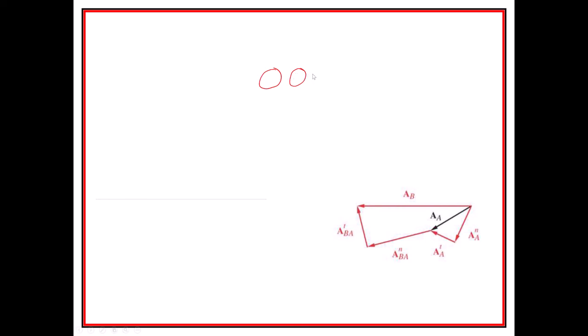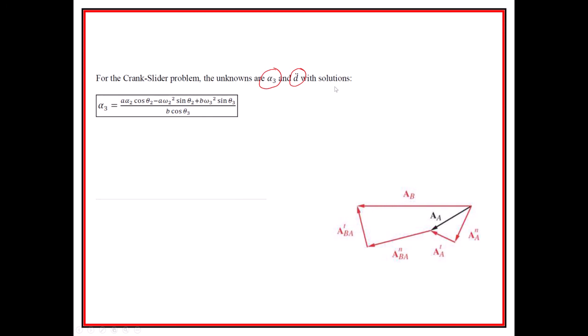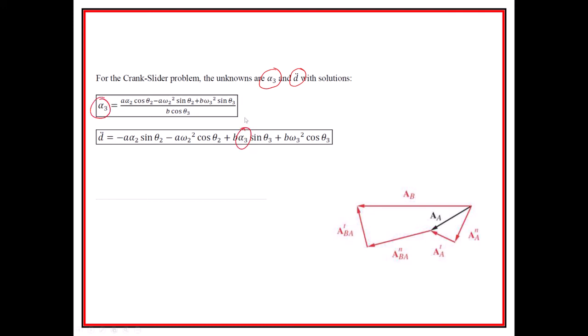So it's the acceleration of the piston and the angular acceleration of the conrod that are unknown. So we could find that angular acceleration of the conrod from this, and we could find the linear acceleration of the piston from here, where you need to know this first, by the way, because it's buried inside here.